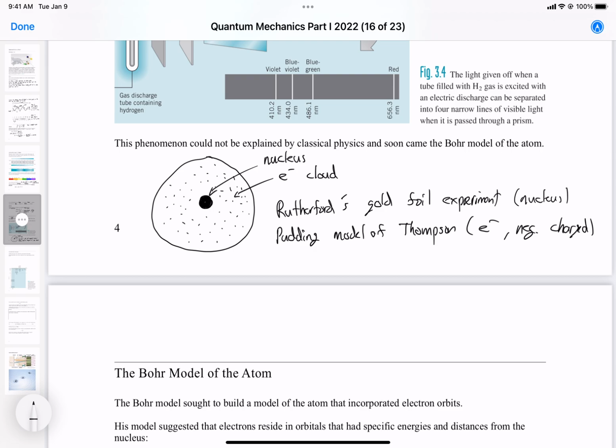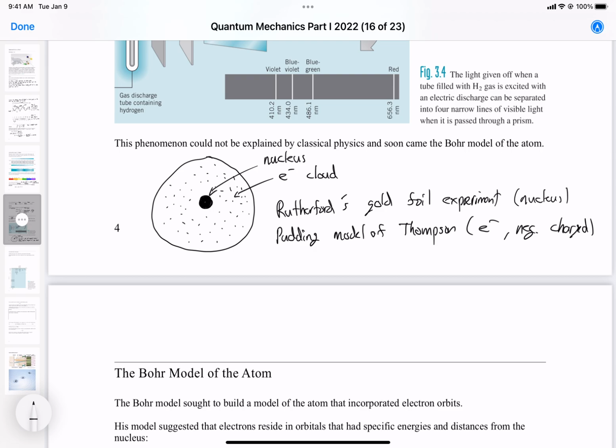Bohr then took this model and ran with it and tried to go deeper, saying that electrons are not simply around the nucleus, like in a sea of electrons. They're actually more localized than we originally thought.